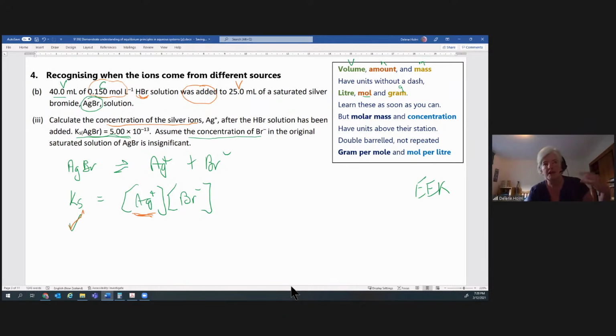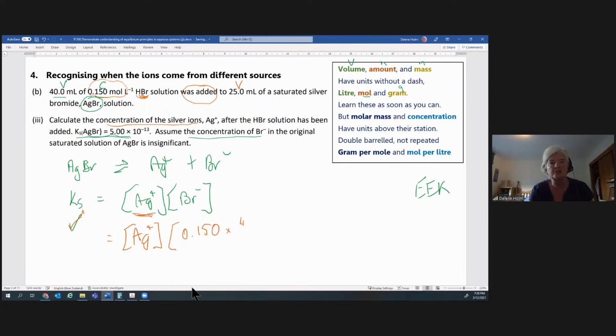So how can I change the 0.150 that I had originally for my bromide to this new concentration when I've added it together? I'm not going to calculate because I just see the time and it is going quite quickly. I had 0.150, and that was originally in 40 mL.